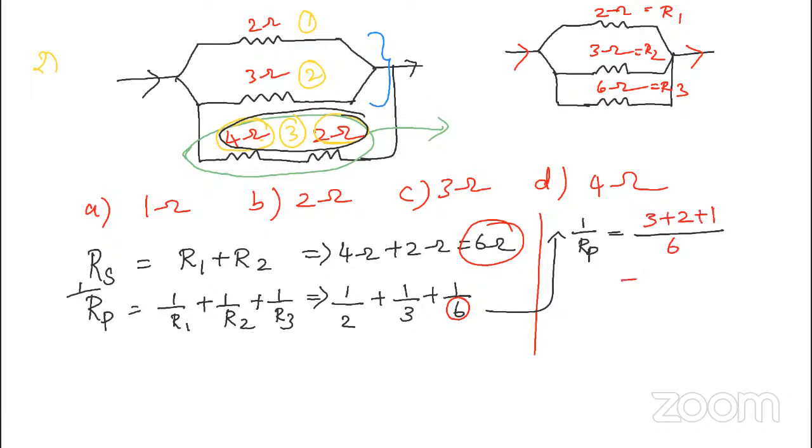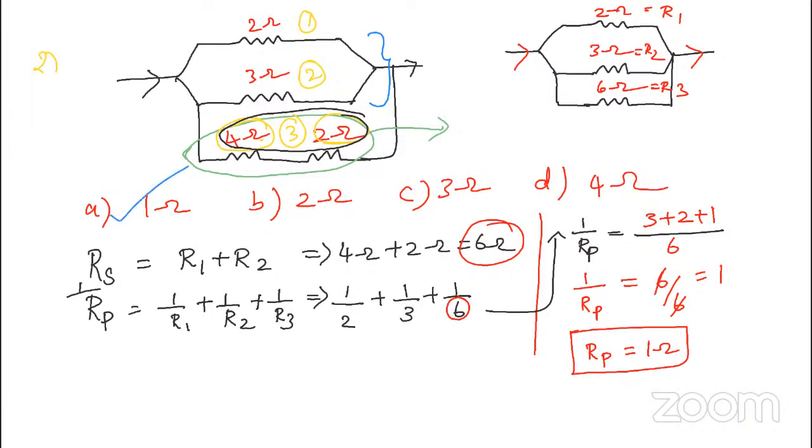So it is 6 by 6. 1 by RP cancels to 1. So RP is 1, and since it is resistance, it is 1 ohm. So here option A is the correct one.